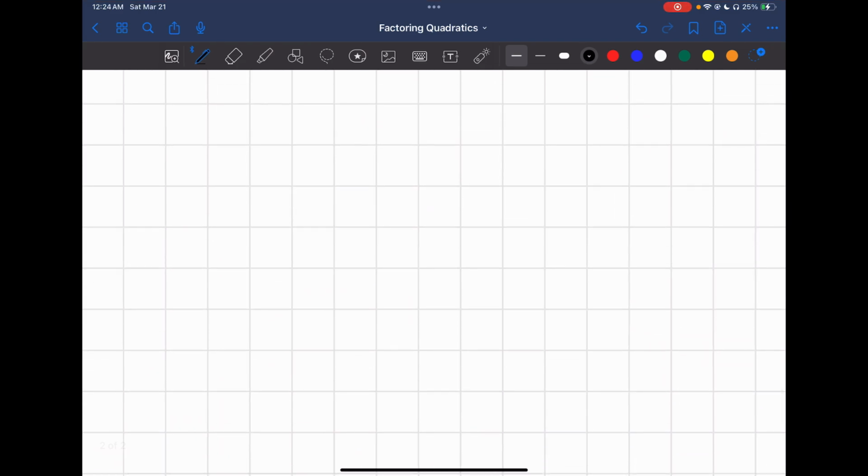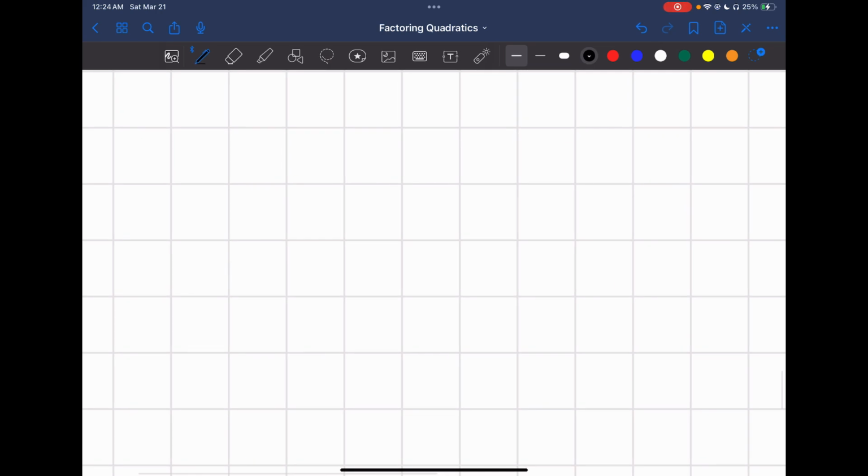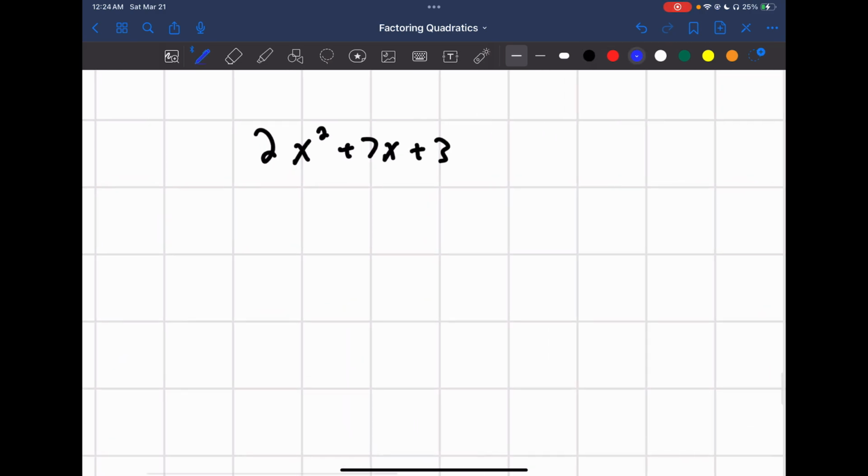In our next example, we have 2 times x squared plus 7x plus 3. So in this example, we have 2x. So we know that x multiplied by 2x is equal to 2x squared. We know that 1 times 3 is equal to 3.